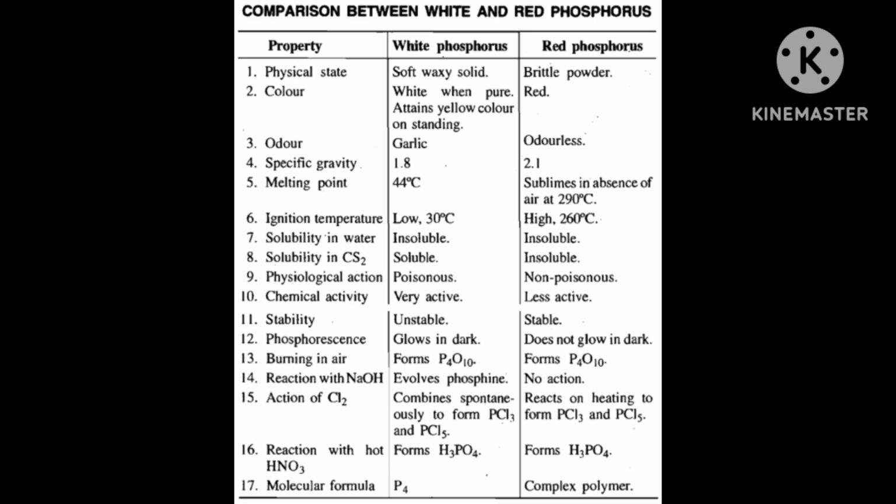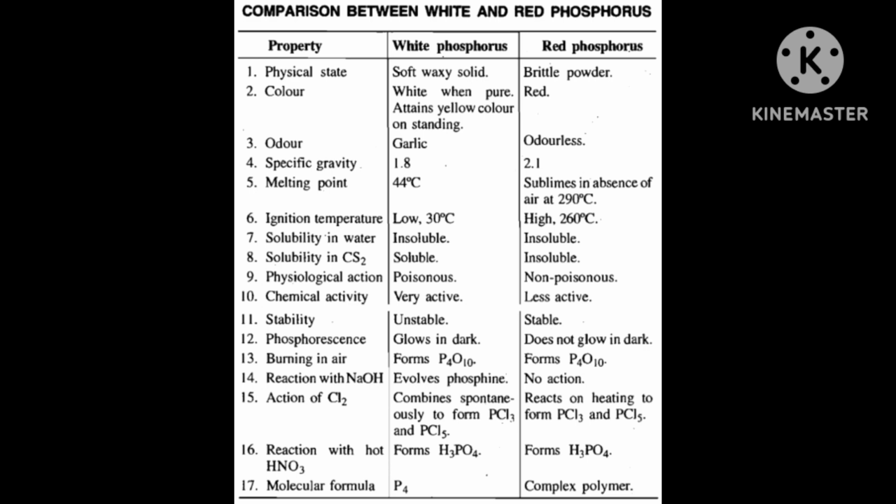Alpha black phosphorus is formed when red phosphorus is heated in a sealed tube at 803 Kelvin. It can be sublimed in air and has opaque monoclinic or rhombohedral crystal. Okay, this you remember.